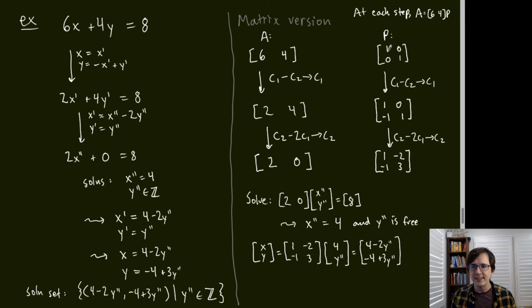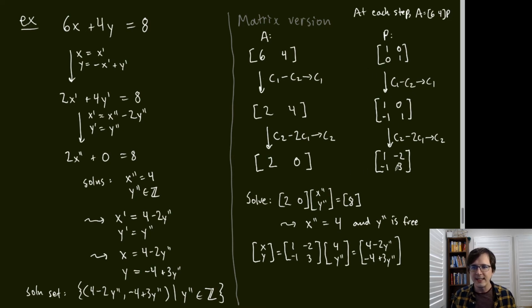So let's see. I start with the identity matrix, and I subtract 1 of the second column from the first. That gives us the minus 1 down there. And then we subtract 2 of the first column from the second, and that gives us a minus 2 up here in the upper right entry, and then 1 minus negative 2 gives us 3.